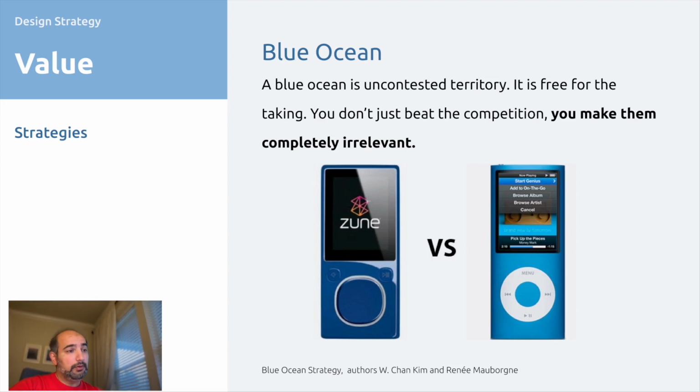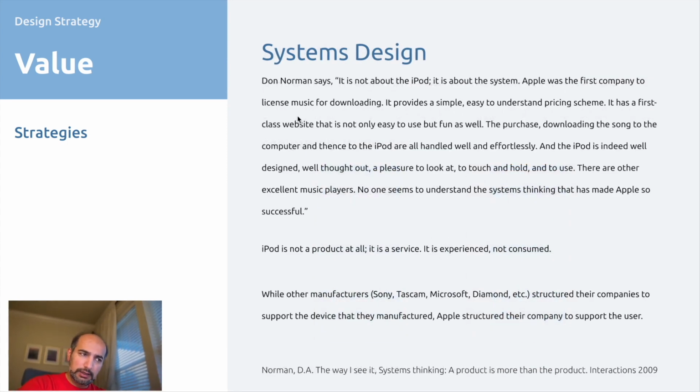But as we know, Apple doesn't go into the red ocean. They try to change it to make all competitors irrelevant. And let's read what Don Norman said about this Apple idea.